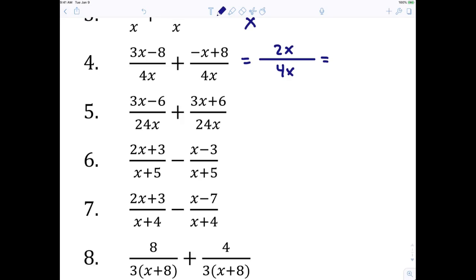So 2/4, what does that reduce to? Yes, the fraction 1/2. What happens to the x's? Yeah, they cross out. So again, you combine fractions and then you reduce the fractions.